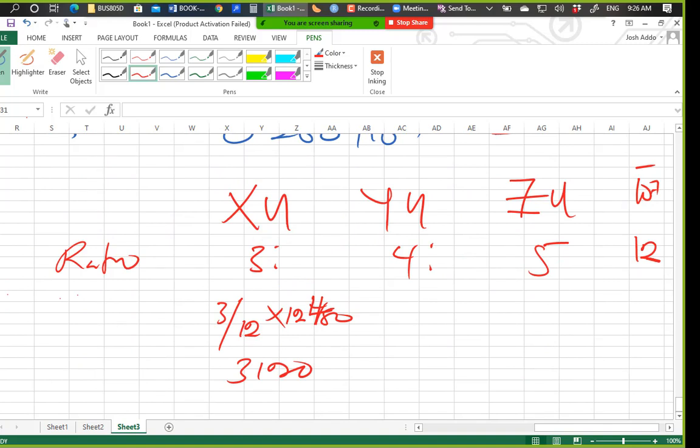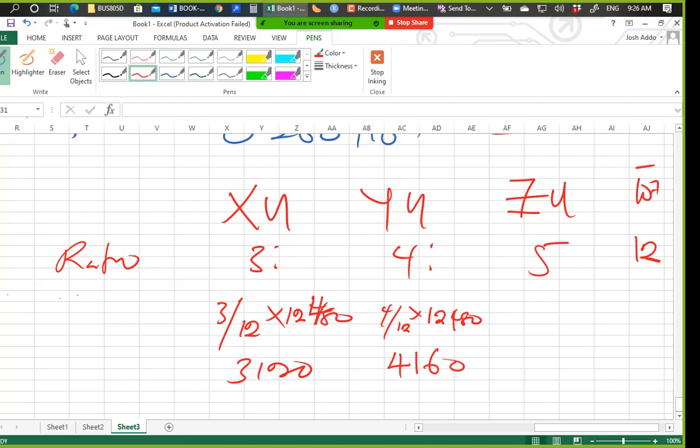And this one will be 4/12 times 12,480. This one is what? It should be the same as the first one, but calculate it here. I think it was 41 something. 4160.